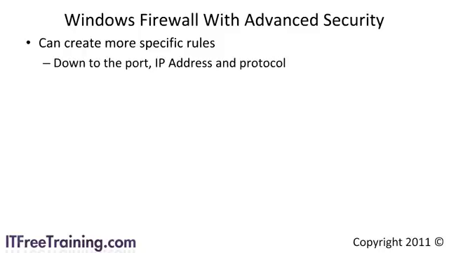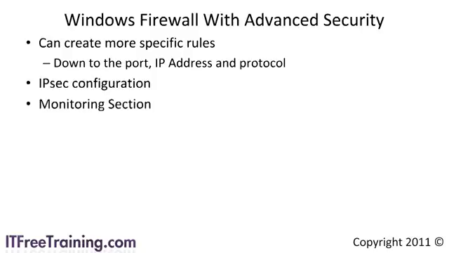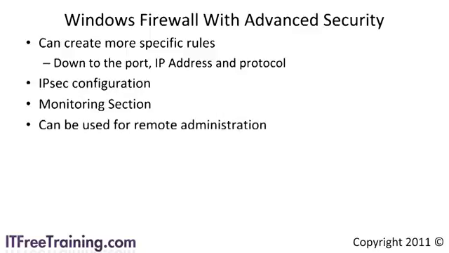If I want to use IPsec, this has been integrated into the interface to make configuring IPsec very easy. There is also a monitoring section to help troubleshoot problems, and finally, Windows Firewall with Advanced Security can be used to remotely administrate another computer.